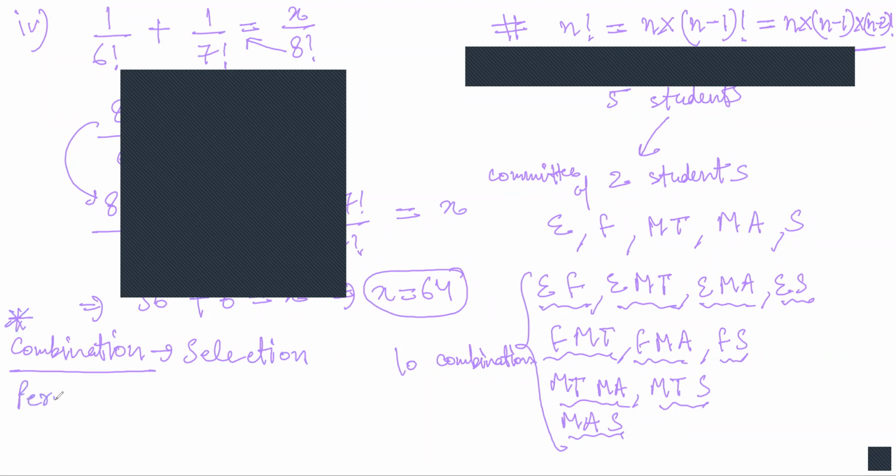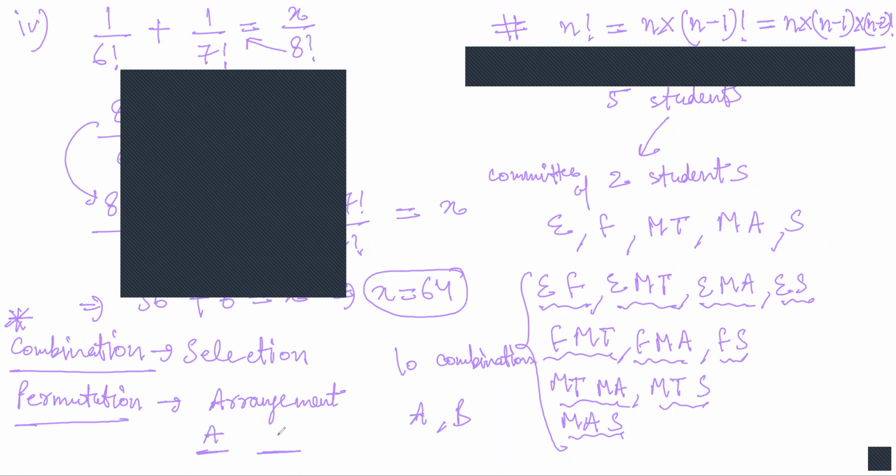Now let's understand permutation. The word permutation means arrangement. Now what do we mean by arrangement? So let's say there are two seats and there are two persons A and B. I have to make them sit on these two chairs. I want to know in how many ways they can sit.